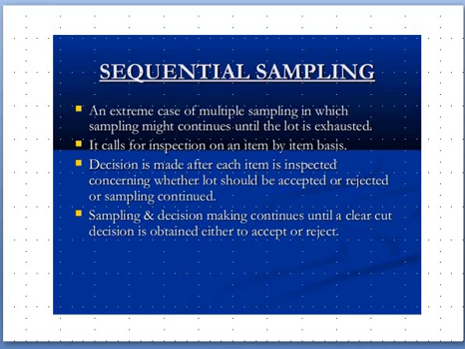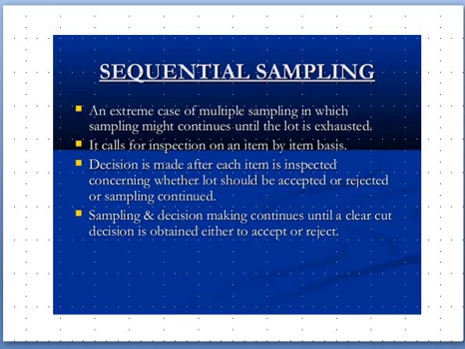Sequential sampling. Sequential sampling is an extreme case of multiple sampling in which sampling might continue until the lot is exhausted. It calls for inspection on an item by item basis, and a decision is made after each item is inspected concerning whether the lot should be accepted, rejected, or sampling continued.